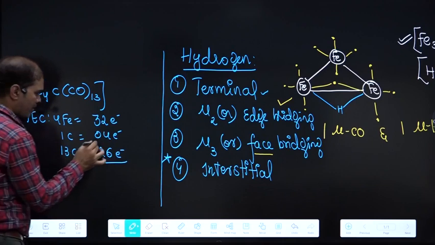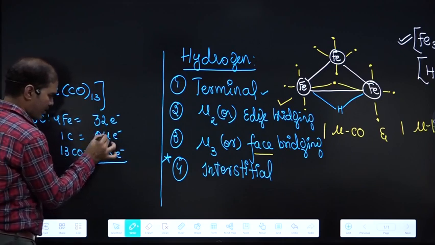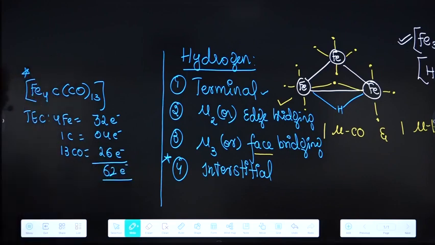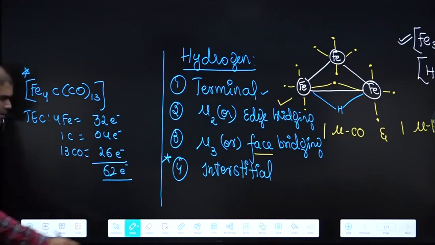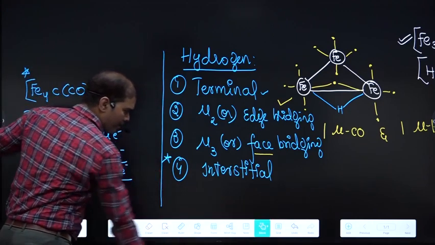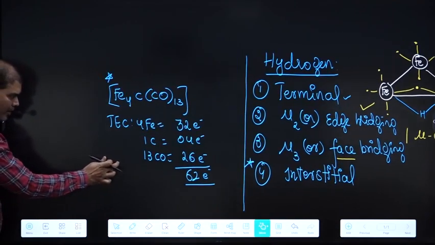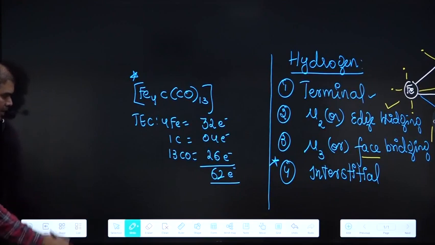No charges. So 26 plus 4, 30, 62. It is a 62 electron species. If it is a 62 electron species, what could be its structure? 62. Butterfly. Okay, so it has to be a butterfly.